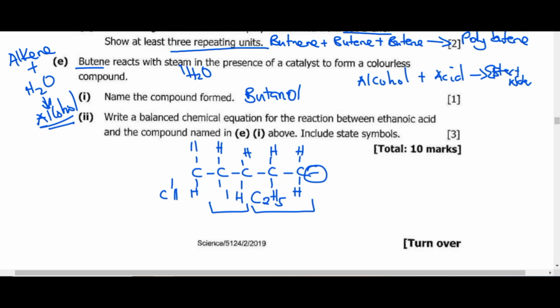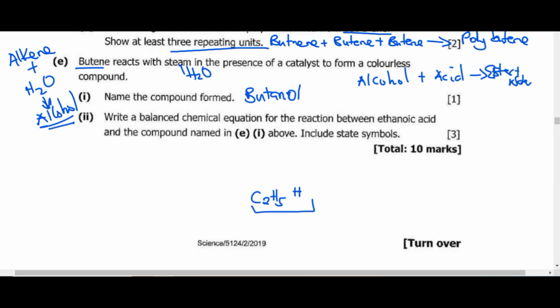Okay, so always remember that when alcohol reacts with an acid, an ester is always produced. And not only that, any member of the alkene family, when it reacts with water, alcohol will be produced.